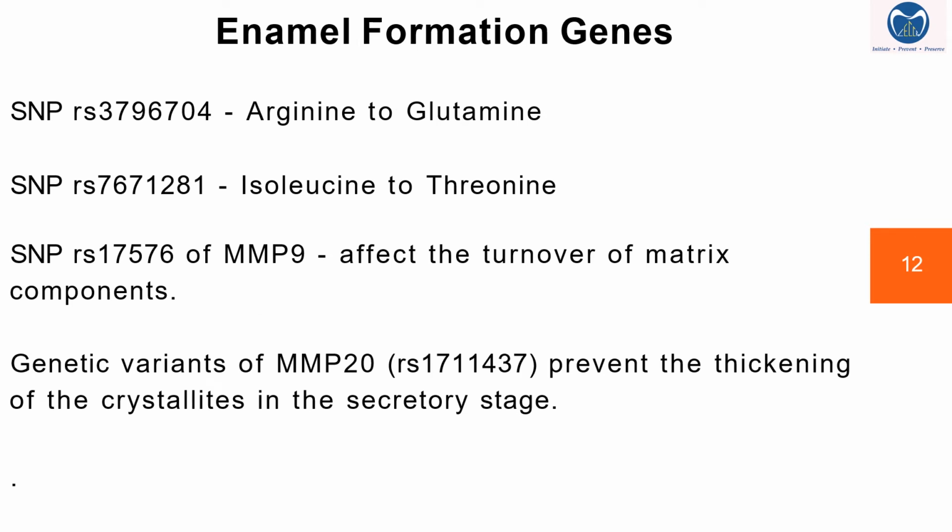As depicted in this slide, the first two polymorphisms in the enamelin gene affect the functionality of the enamelin protein and affect the maturation of enamel, whereas the genetic variations found in the matrix metalloproteinases affect the turnover of matrix components and prevent the thickening of crystallites and reduce the enamel microhardness, making it more susceptible to acid attack.